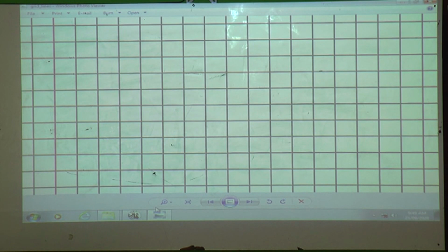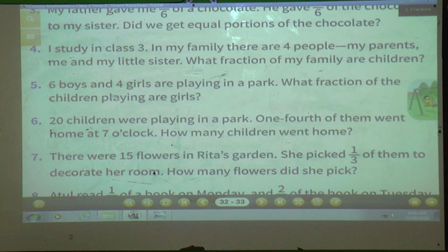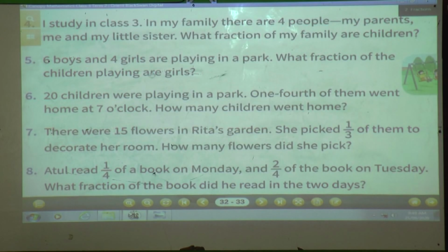Now we'll move to the next example, that is the 5th one. See the 5th number. Students, keep your finger on the line and read the question. 6 boys and 4 girls are playing in a park.